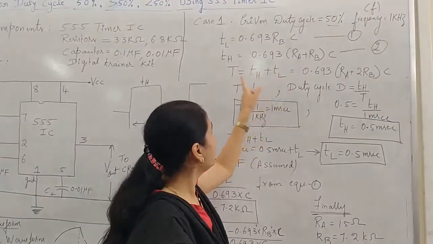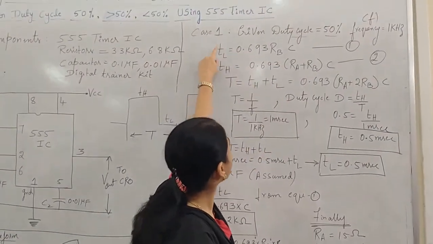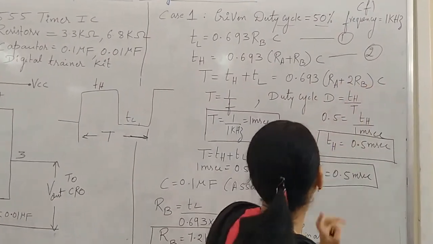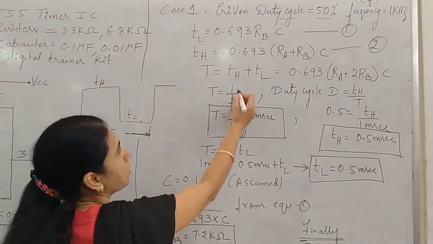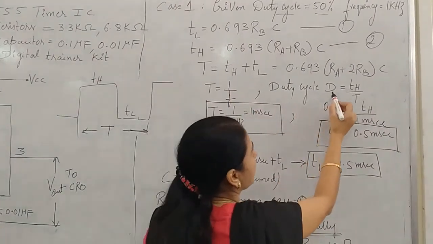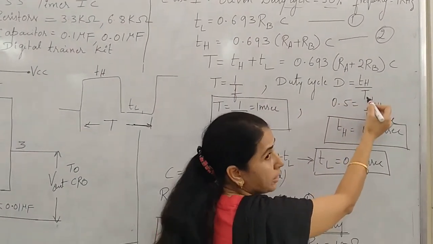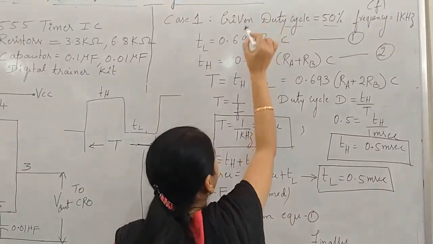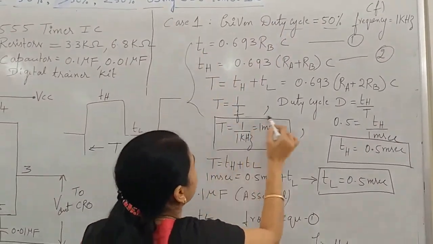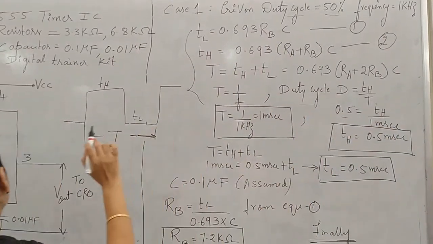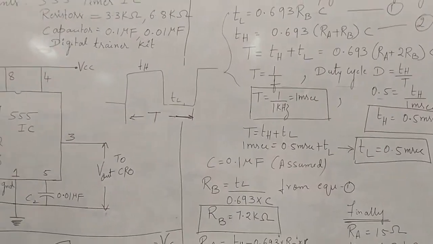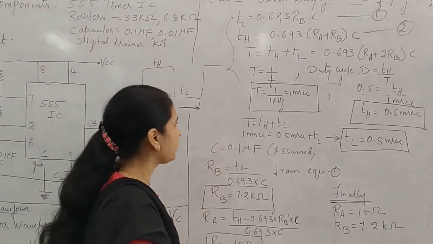And we also know, if I combine TH plus TL, we get 0.693 into RA plus 2RB into C. And we also know T is equal to 1 by F. And duty cycle D is equal to TH by T. These are the formulas used. Making use of this data given and making use of all these formulas, the main task is I need to find out the value of RA, RB, C1 and C2. This is what we will be doing here.